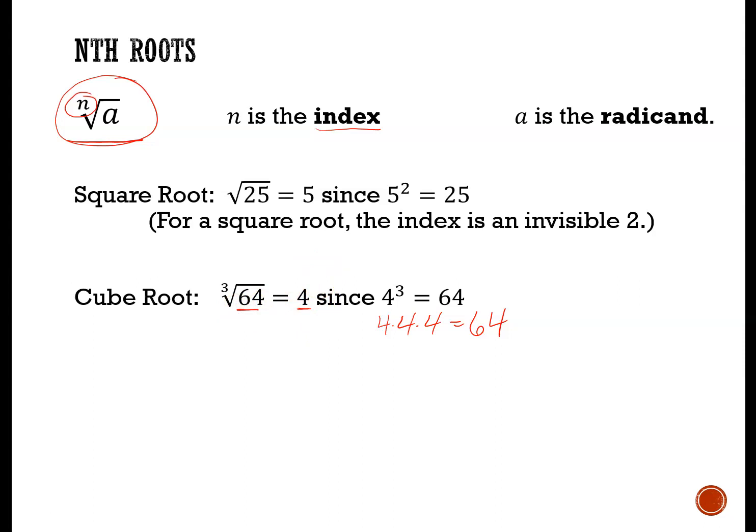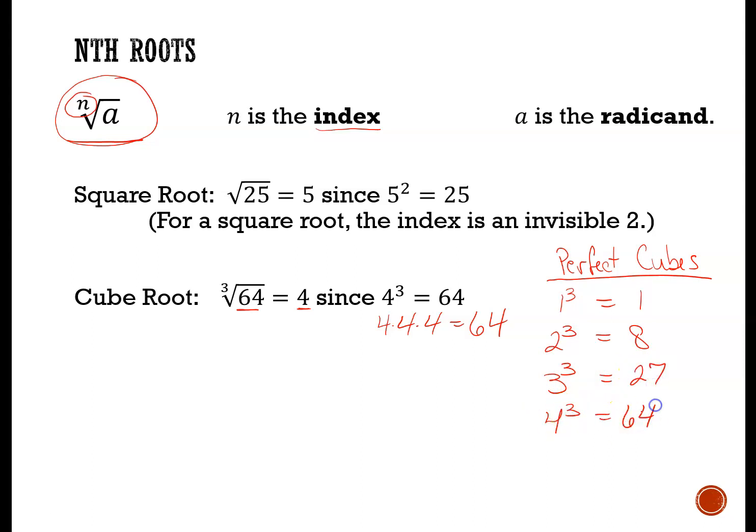Now, we made a list of perfect cubes when we were factoring, but let's go ahead and do those again here real quick. We had 1 cubed was 1, 2 cubed was 8, 3 cubed, 27, 4 cubed is 64, as we've seen in this example here, 5 cubed is 125, and 6 cubed is 216.